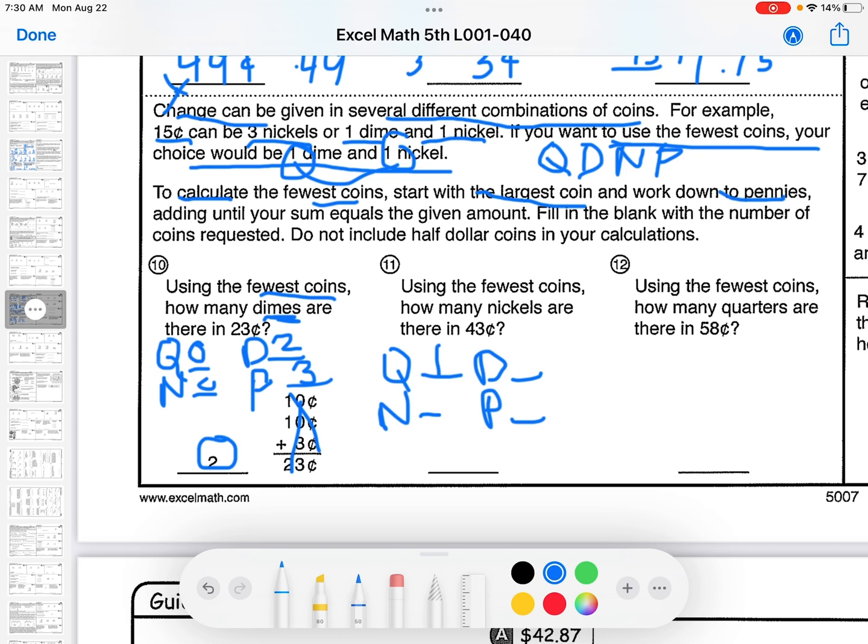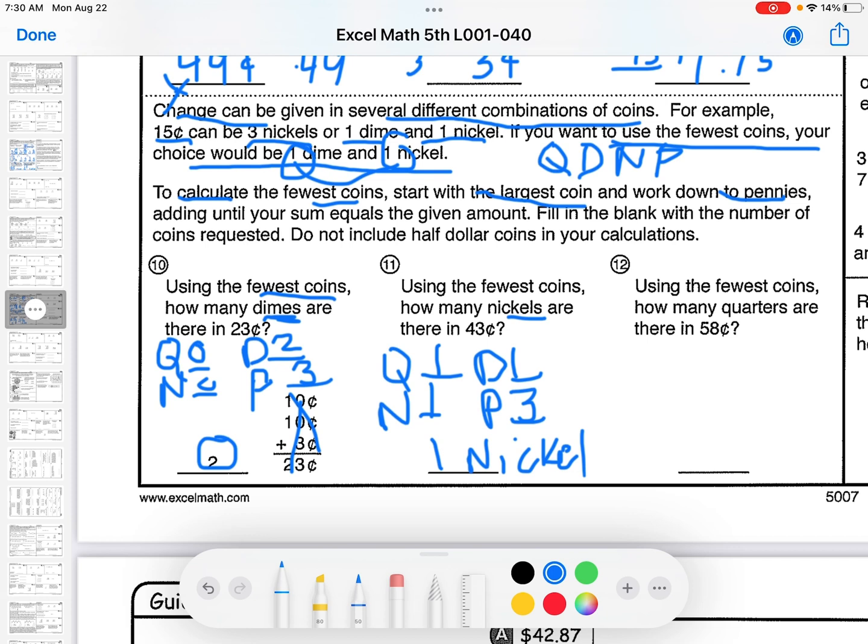I can use 1 dime. 2 dimes, 45. No, that doesn't work. So 1 dime. 25 plus 10 is 35. Now, how many nickels can I fit in? Well, we're at 35. Can I fit 2 nickels? 40, no, 1 nickel. So that makes 40 cents. And then 3 pennies. So you got to kind of think about it as you go through like that. It says how many nickels? The answer is 1 nickel. It's kind of nice to write that word in there too.